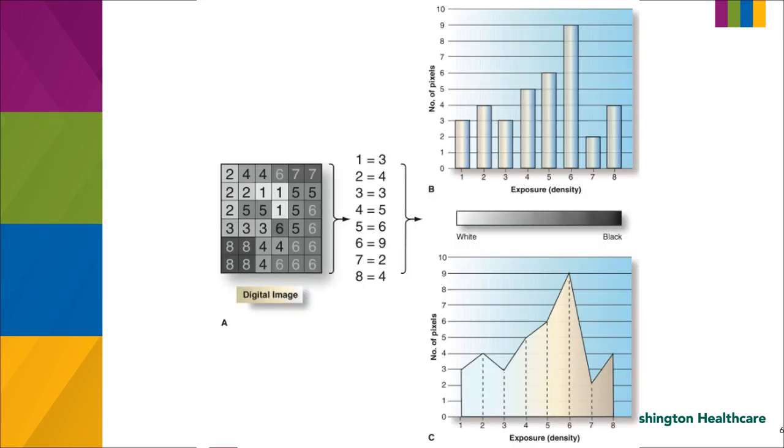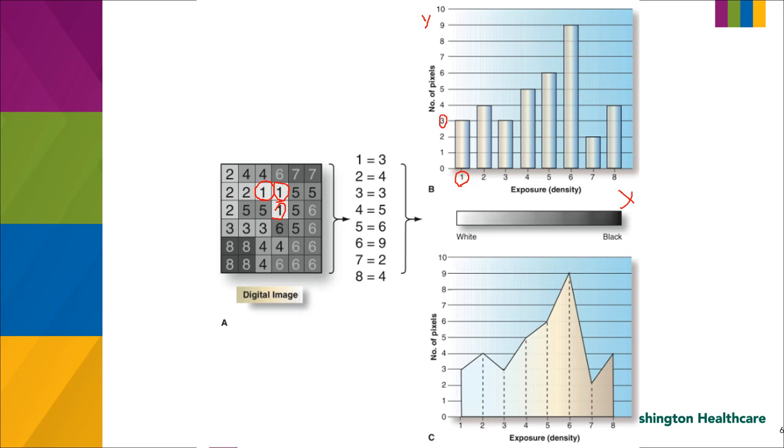How to create a histogram is by looking at the number of pixels and the exposure. So the exposure is on the x-axis and the y-axis is the number of pixels. And we're looking at, for example, the value of number 1, which would be white. And so we have 3 colors that are white, and therefore there are 3 pixels that have a value of 1.